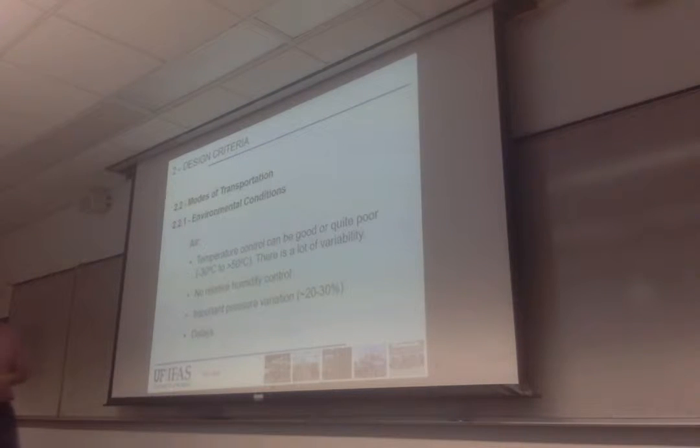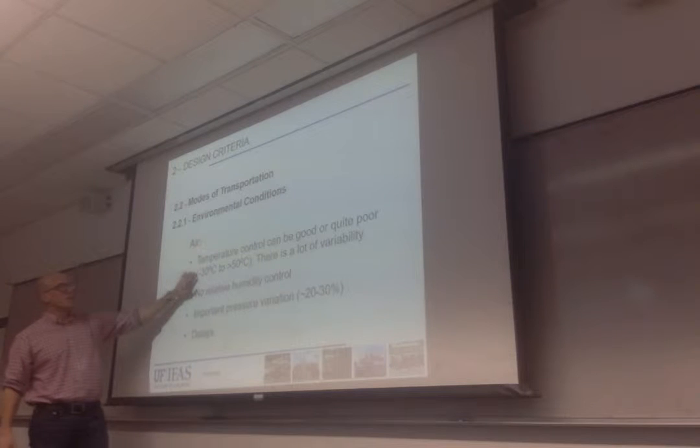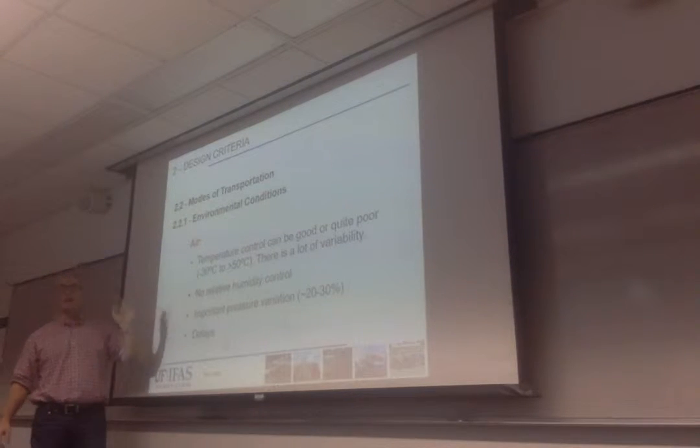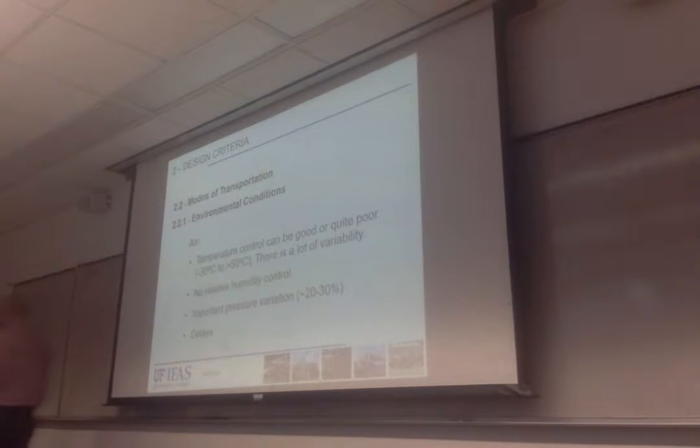It's pretty crazy. So a lot of variability. That's why air shipments are very challenging, okay? But things are trending now to improve more and more, okay? And one of the reasons, obviously, is that air transport has a unique feature that no other mode of transport has, okay? It's fast, okay?